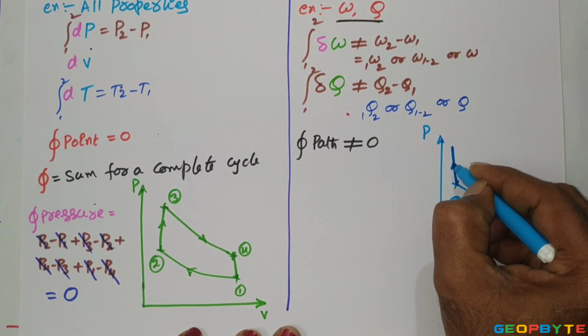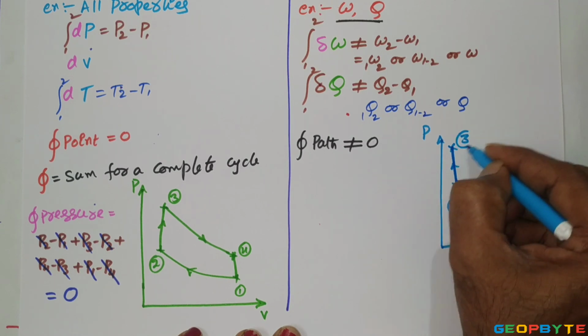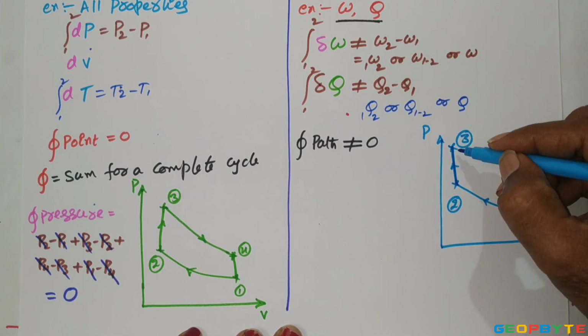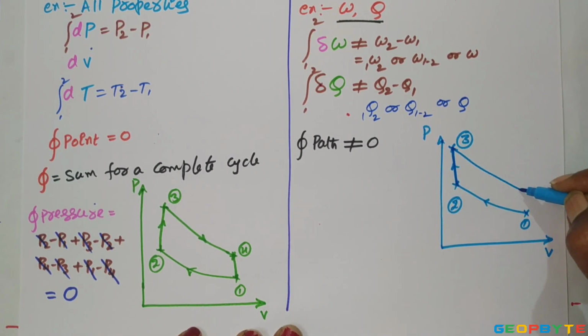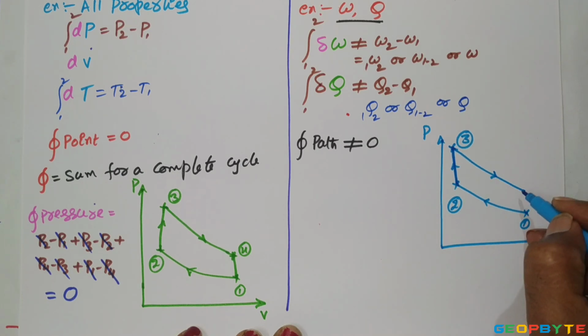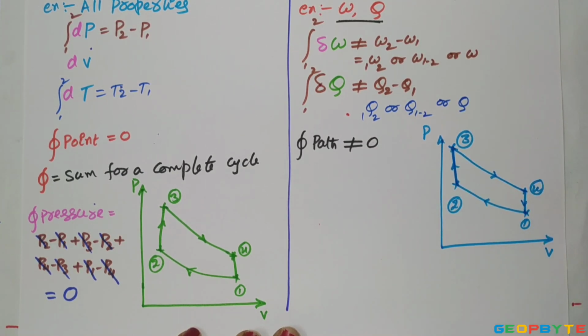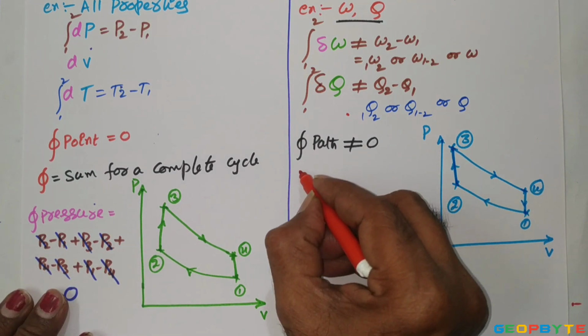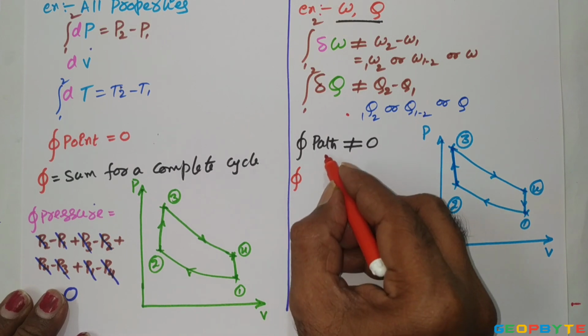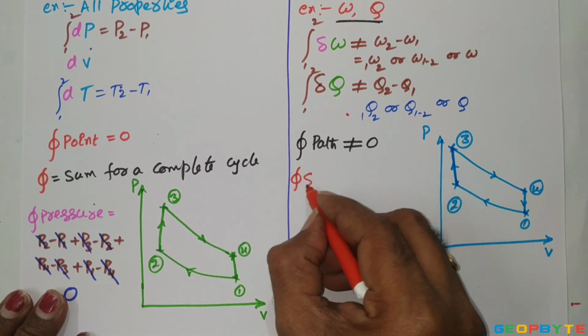It should be a vertical line. Though it is not looking like a vertical line, just assume that it is a vertical line. 3 to 4 expansion process, and 4 to 1 constant volume process. Now the cyclic integral of a path function quantity, like the cyclic integral of thermodynamic work.